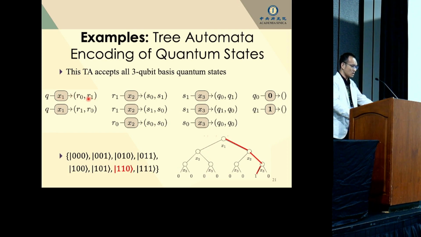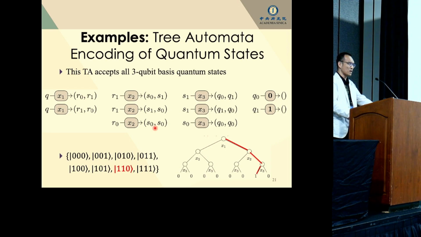R1 means the one with 100% probability is on the right. So I have 2 choices, either on the right or on the left. If it is on the right, I make another non-deterministic choice and another non-deterministic choice. And 0 means that below this, all the states have no probability. It ends with Q0, then I have 0 probability, and Q1, I have probability 1. And using this structure, I can use 11 transitions to encode 8 states.